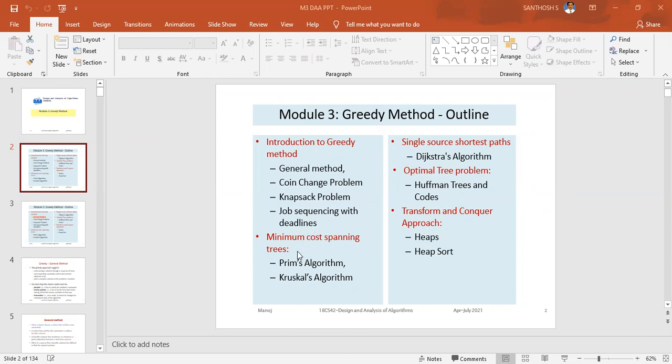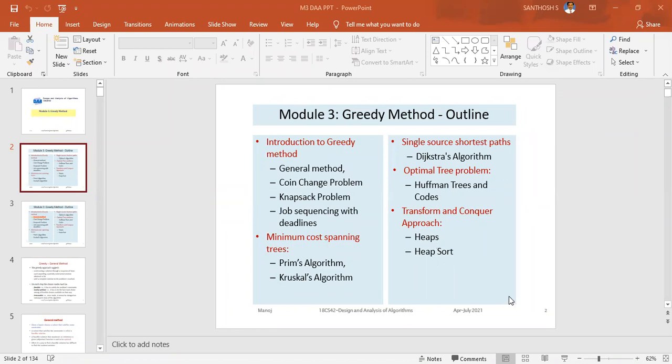Okay. Next you come to minimum cost spanning tree. There you will get Prim's algorithm and Kruskal's algorithm. Next, single source shortest path. In that you will get Dijkstra's algorithm. All these are lab set programs for you: knapsack, job sequencing, coin change, Prim's, Kruskal's, Dijkstra's, Huffman code.